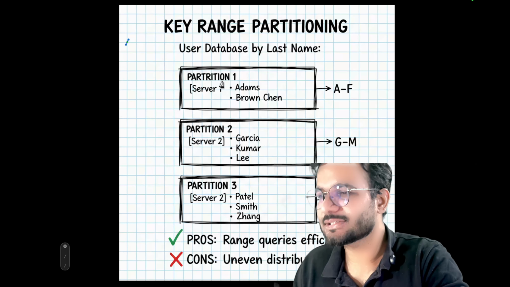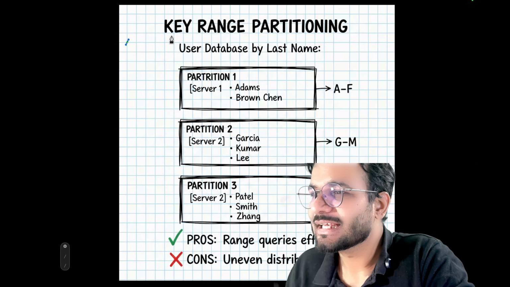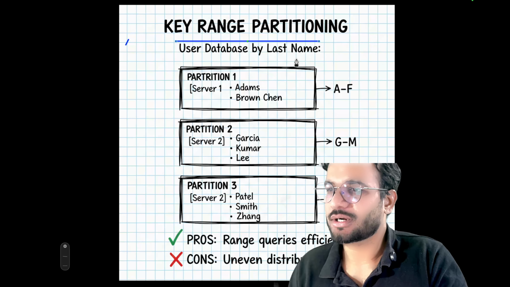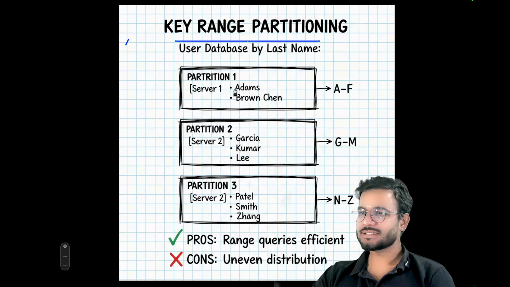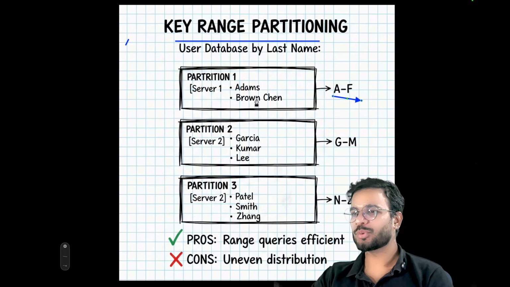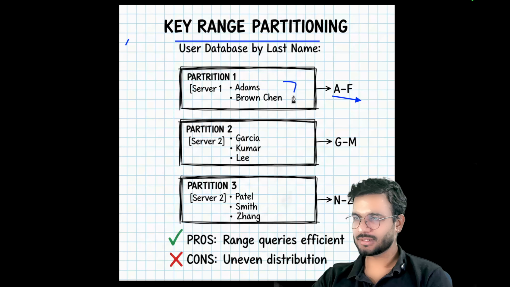Now, if you see in this diagram, we are describing key range partitioning, or you can say range-based partitioning. Partition 1 has a range from A to F. All the people with last names starting between A to F are stored in partition 1.